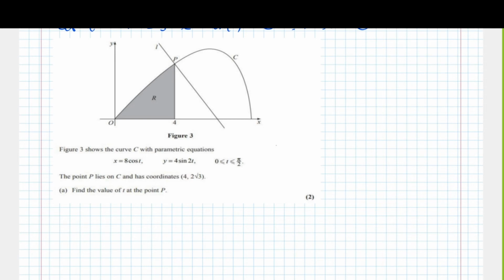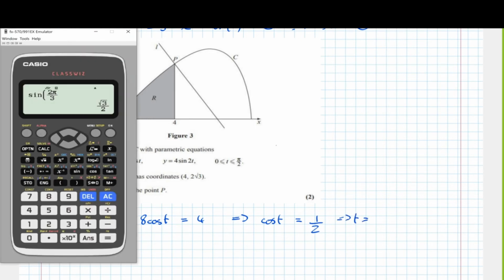So x equals 4, which implies 8 cos t also equals 4, which means that cos t equals 1/2, which means that t equals inverse cos of a half, which is pi over 3.